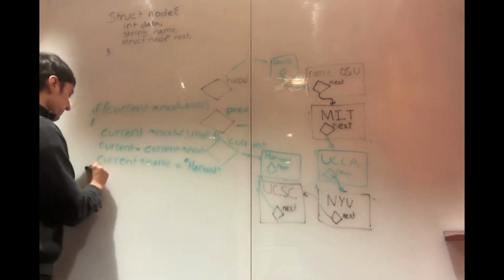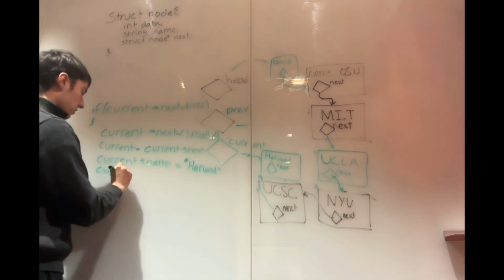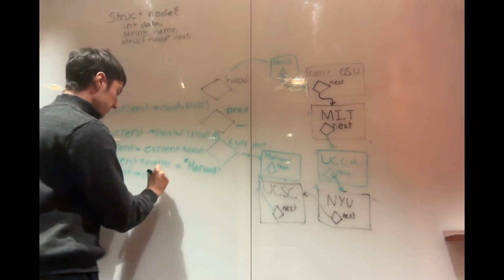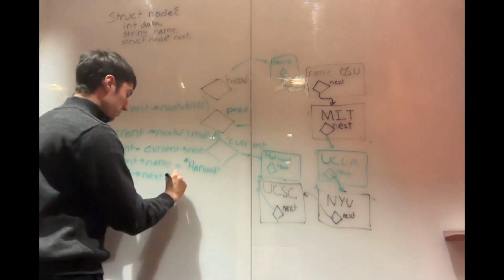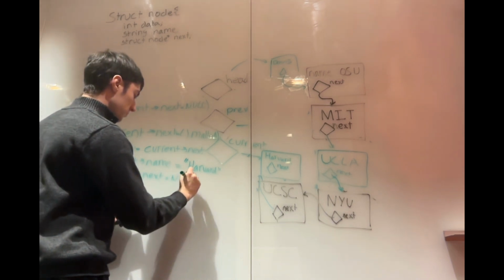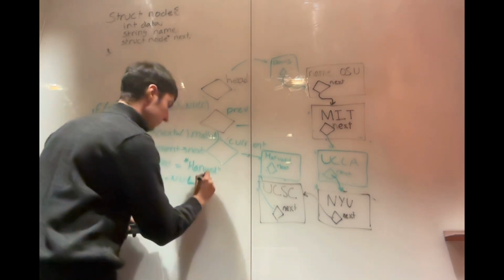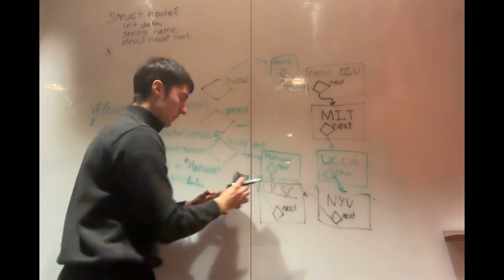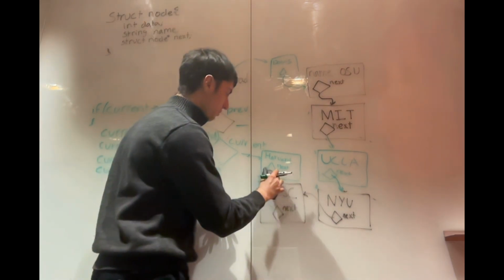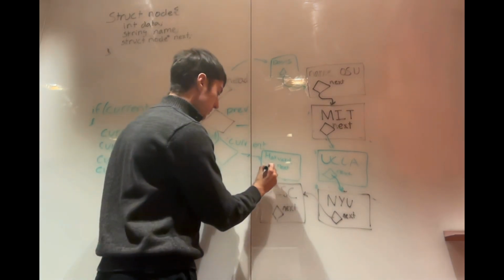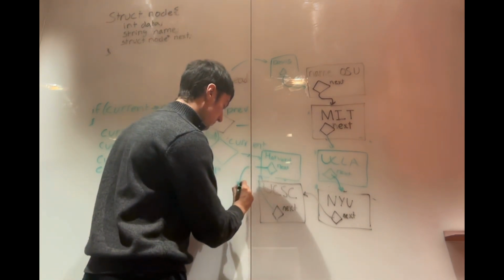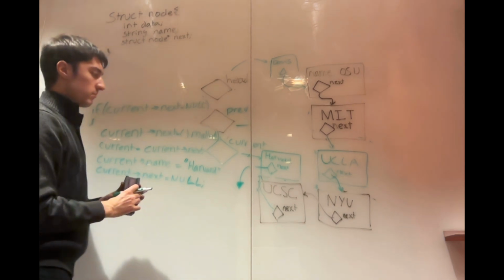How do you do that? Current next equals null. Current next equals, that looks like it's pointing there, equals null. Okay?